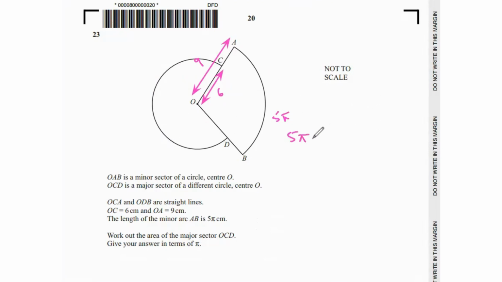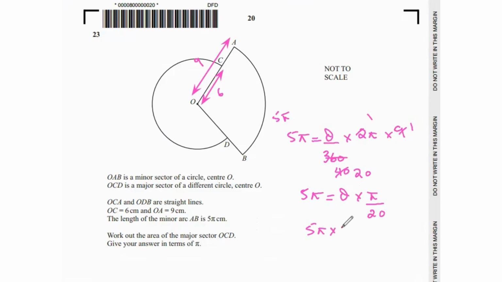So 5 pi equals theta over 360 times 2 pi, and r is 9. 9 ones are 9. This is going to be 40. 2 ones are 2. This is going to be 20. So 5 pi equals theta times pi over 20. Cross multiply. 5 pi times 20 divided by pi. So that's going to be 100 degrees.